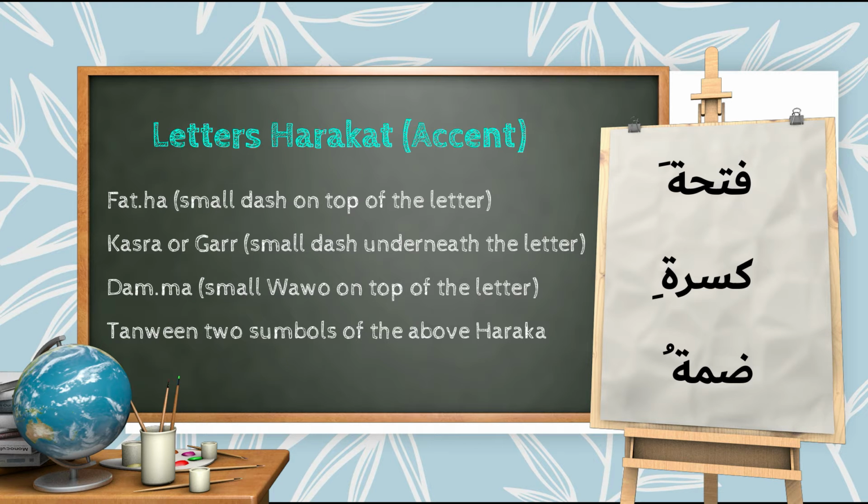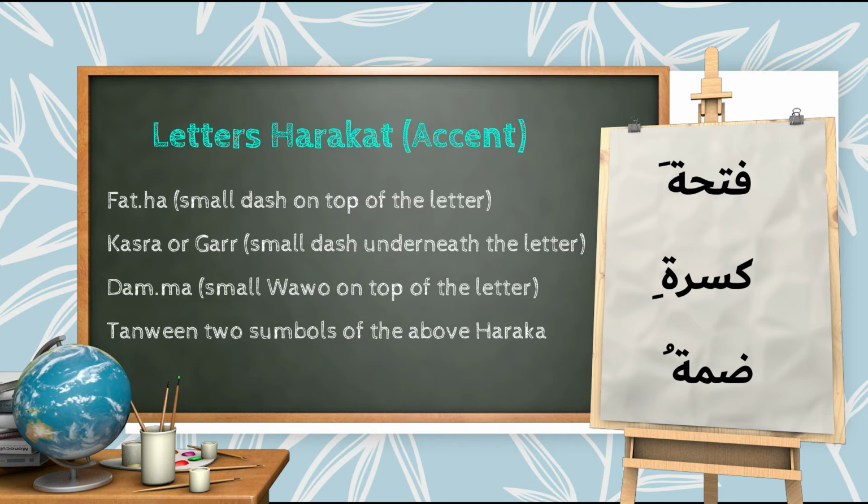The kasra is at the bottom, underneath the letter, as an indication to do the kasra, like kasra ti, like that. For the dhamma, it's basically another symbol of a small wow on top of the letter, like dhamma tu. And also the tanween, which is an added noon, only in pronunciation, not in writing, at the end of the word, like fathatan, kasratin, dhammatun, like that.